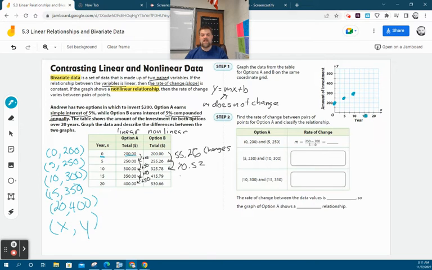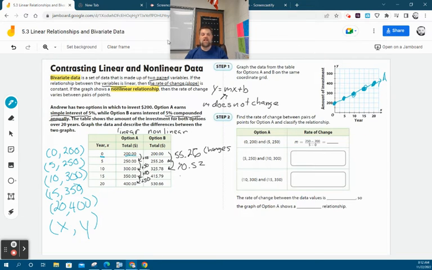And then 15, comma 350, which should be about here. And then 20, comma 400, which should go about here. And so I'm just going to draw my line through these points. And that is it for option A.